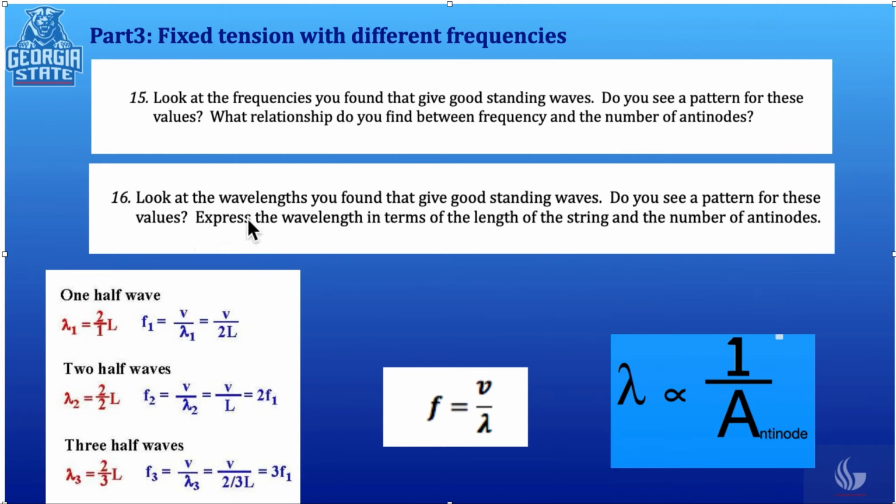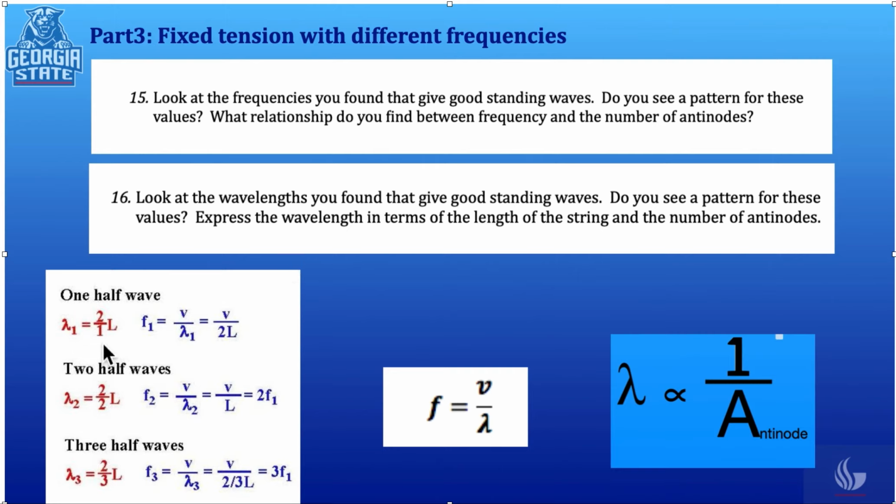So this question asks whether there is any relationship between all wavelengths. You have lambda 1 for 1 loop, lambda 2 for 2 loops, lambda 3 for 3 loops. Check their values and see whether they are multiples of each other, and how you can express them in terms of the length of the string.